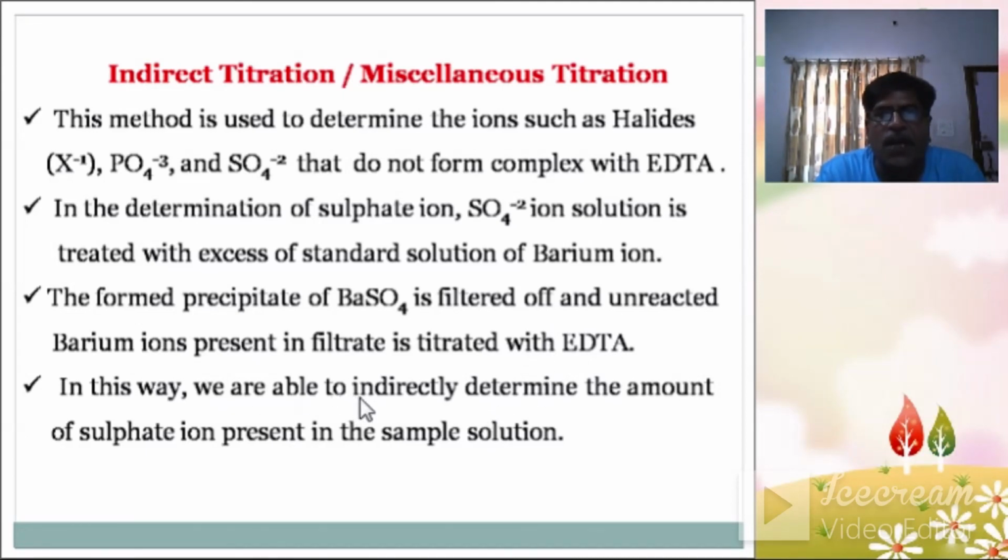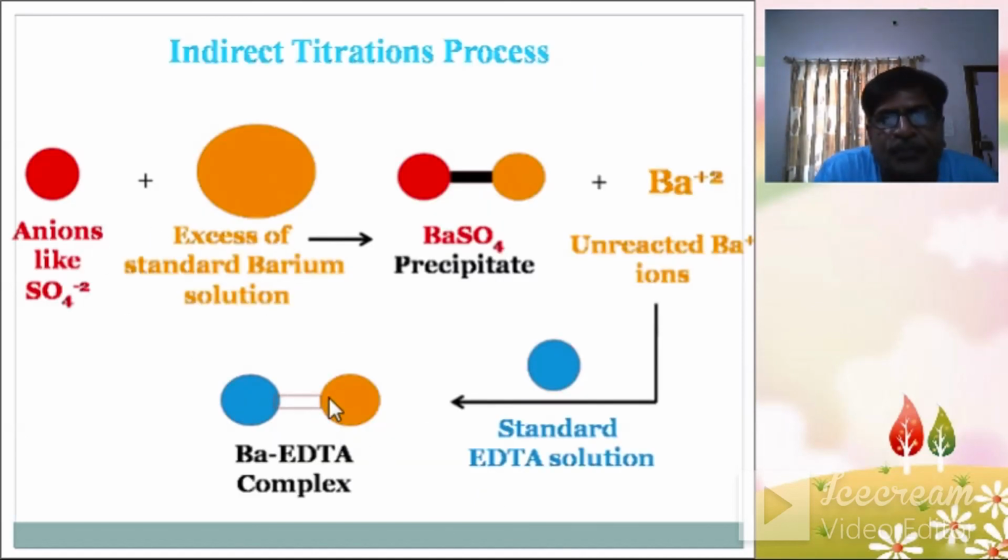Here, let us see: anions like sulfate ion react with an excess standard solution of barium, which reacts with SO4 to precipitate out barium sulfate, and unreacted barium is left free. These unreacted barium ions are titrated against standard EDTA solution, and finally form barium EDTA complexes.